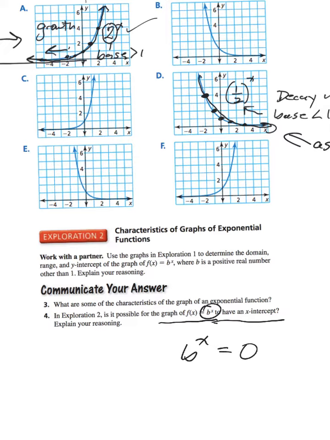And there's no value that I can put in for x, because anything to the 0 is 1. There's no way that we can get this thing to cross the x-axis. And that's why we call that place an asymptote.